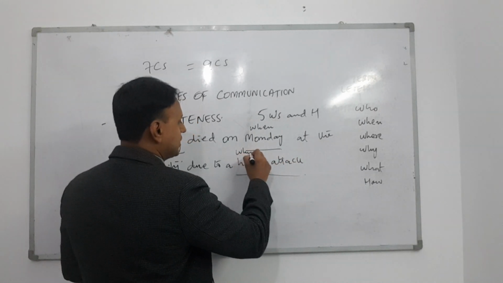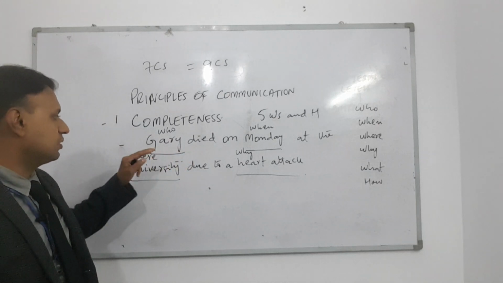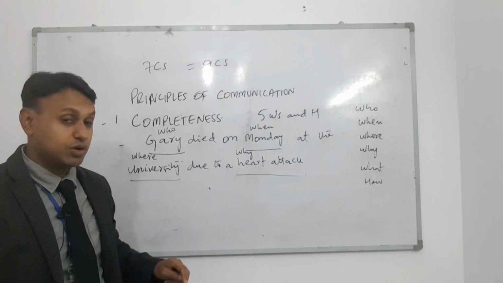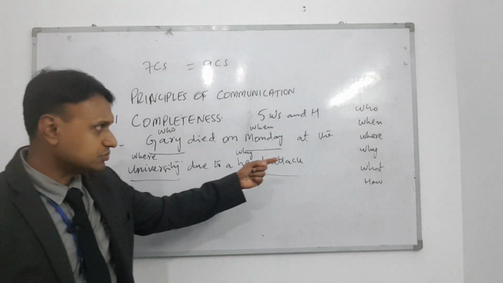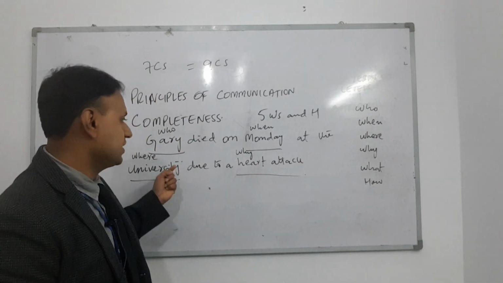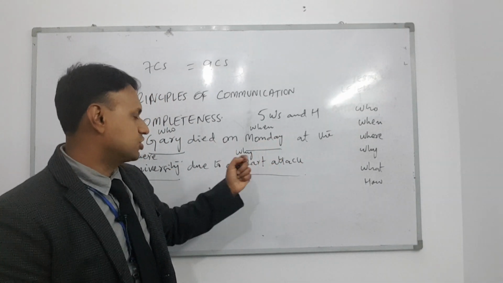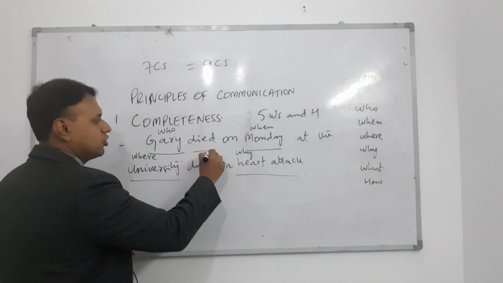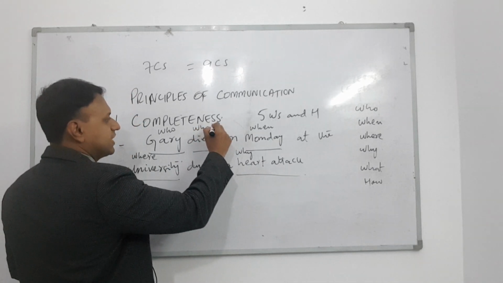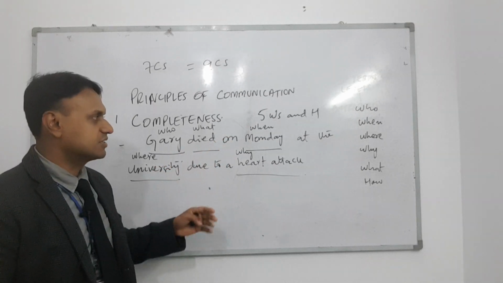Because of the heart attack. Now we have covered 4 of the W's here: who, when, where, why. Now we want to cover what. What has happened? Died. So we have also covered what here. So Gary has died on Monday at the university due to a heart attack.